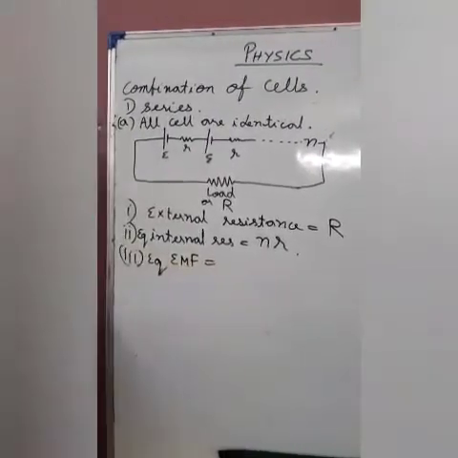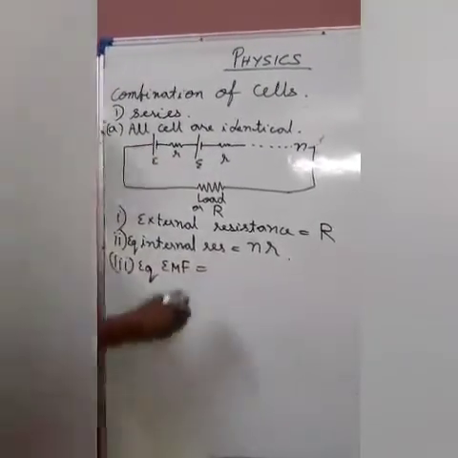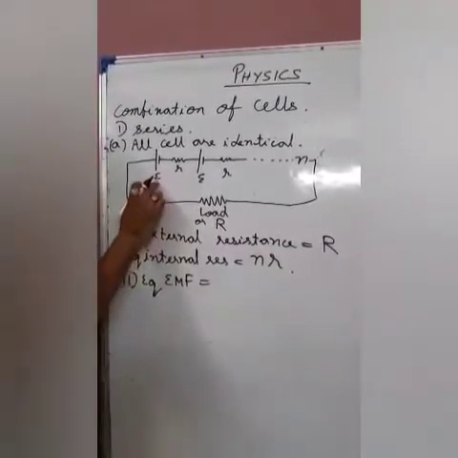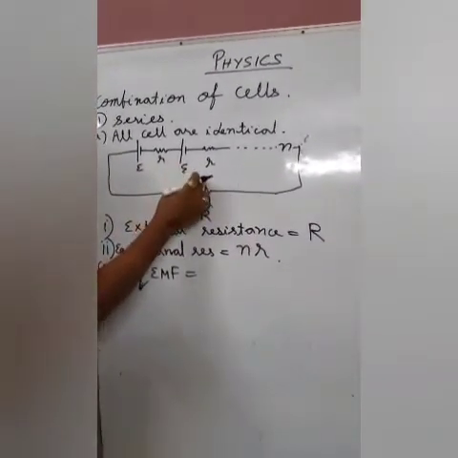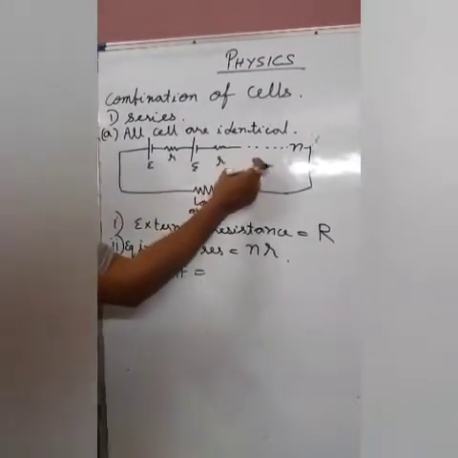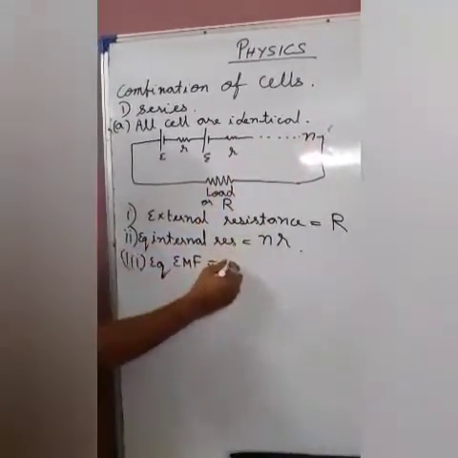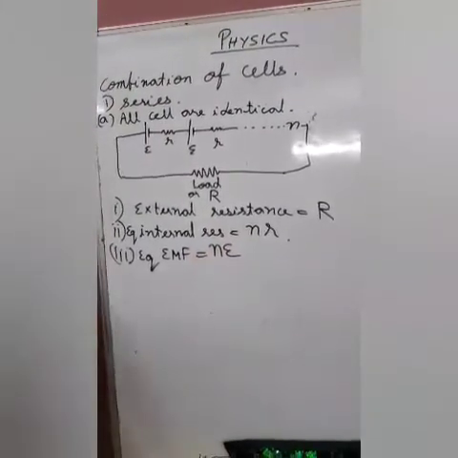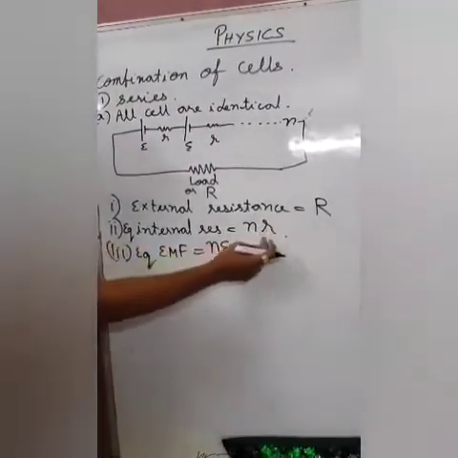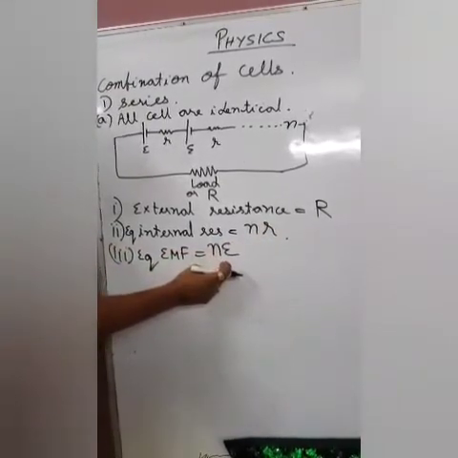Now as you can see that all cells are identical. So if one cell has EMF E and the other one has EMF another E, then the third one would have EMF another E. Similarly if there are n number of cells, then total EMF would become nE. Okay, so we have got external resistance, internal resistance, and EMF also.